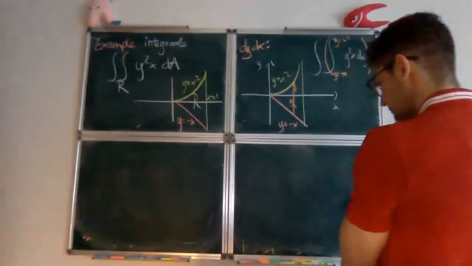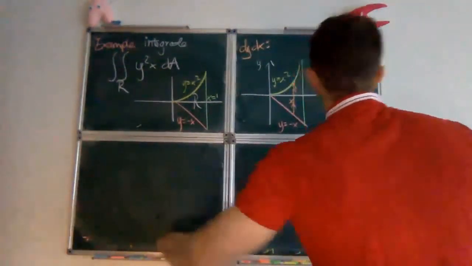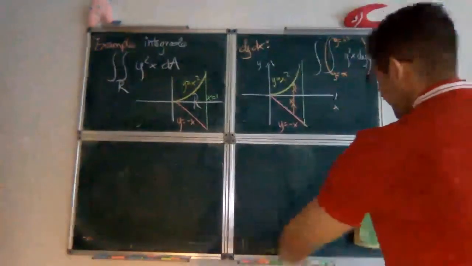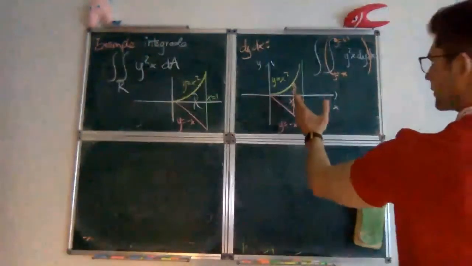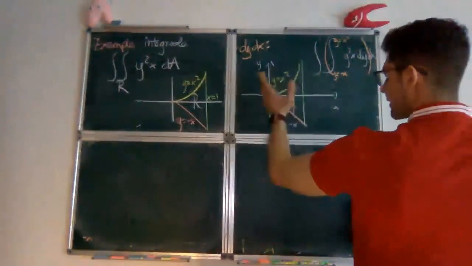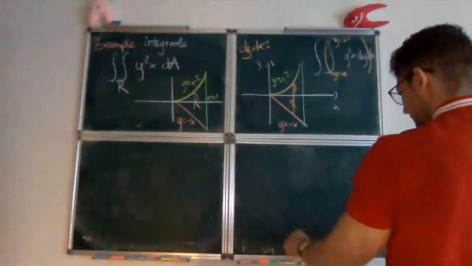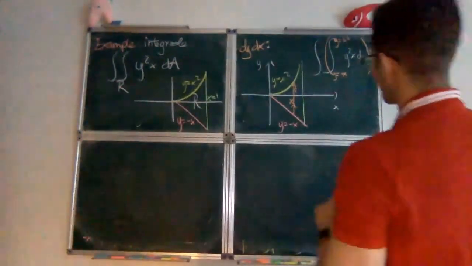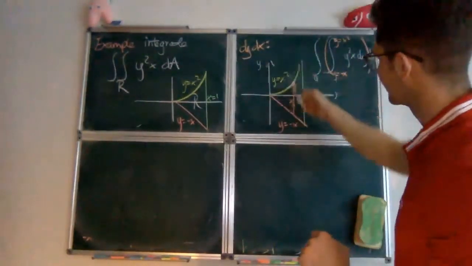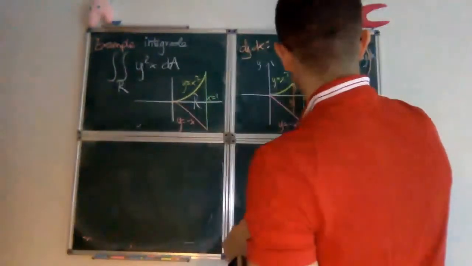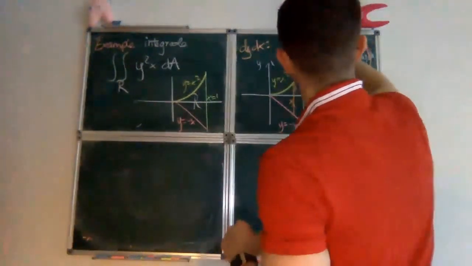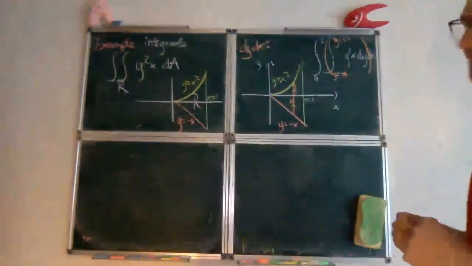Now, after you figure out this bound, you start varying the vertical arrows, and notice that the first vertical arrow can start at x equals 0, and the final vertical arrow is precisely this green segment, which is at x equals 1. So the bounds for x are between 0 and 1.